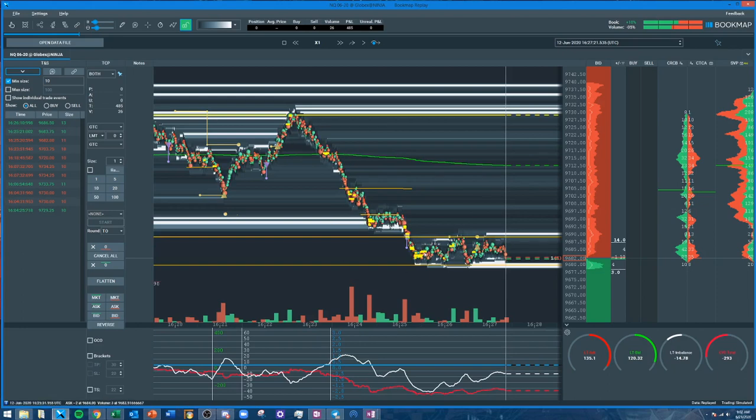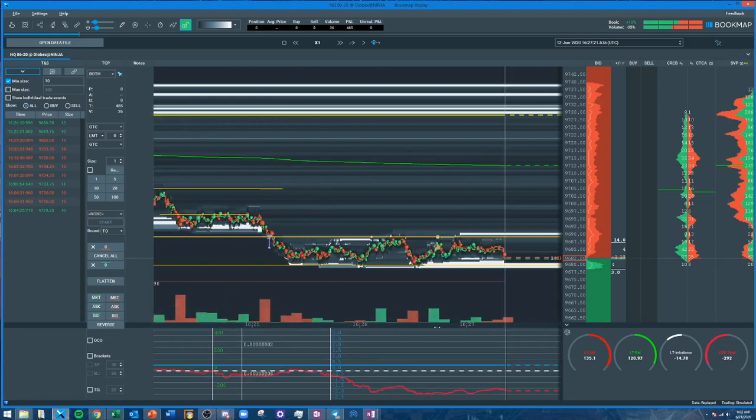And generally, when you get a flag pattern like this, it's going to break out and continue in the direction of the previous trend. So, probability-wise, we'll probably see a break to the short side.